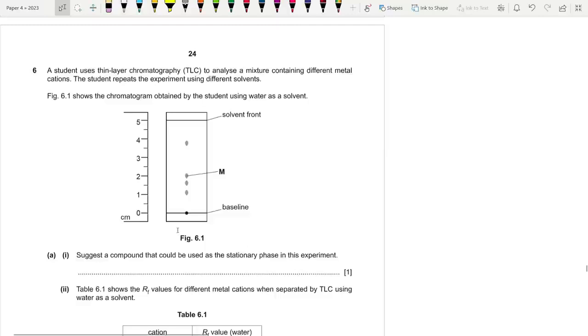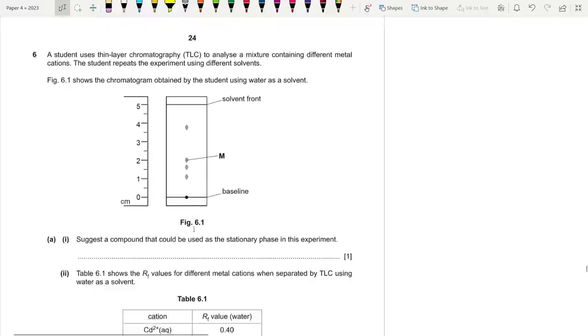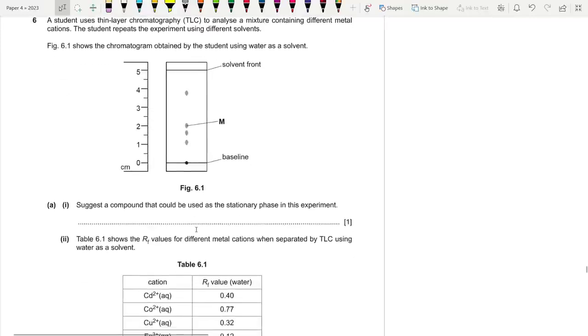A student uses TLC to analyze a mixture containing different metal cations. The student repeats the experiment using different solvents. Figure 6.1 shows the chromatogram obtained using water as a solvent. Name a compound that could be used as the stationary phase in this experiment. This is thin layer chromatography, so it's either silica or alumina.